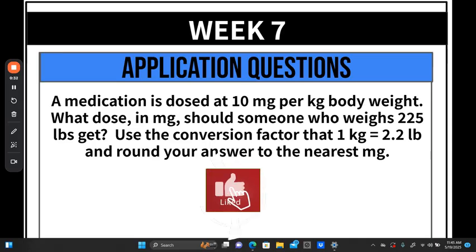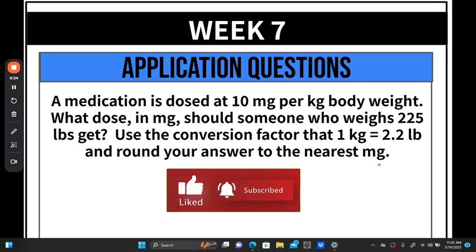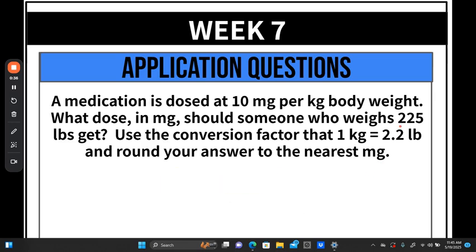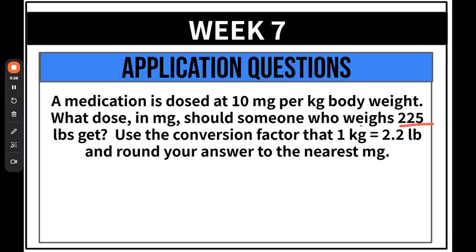Okay. So first, we know that this person weighs 225 pounds. Let's get that to kilograms first to help ourselves out when we start doing the actual conversions. So, 225 pounds. And we know that 2.2 pounds gives us 1 kilogram.